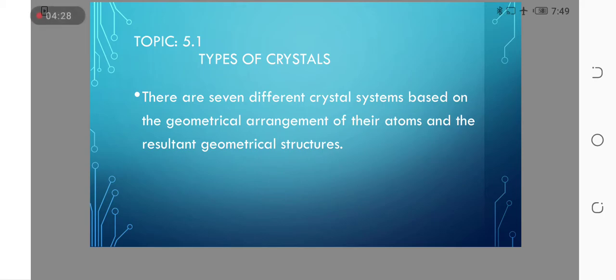But before going to the next slide, nowadays different scientists use X-rays to find out about the structures of different crystals. These 7 crystal systems are based on the geometrical arrangement of atoms and molecules, and on the basis of the resulting geometrical structure, types of crystals are classified.